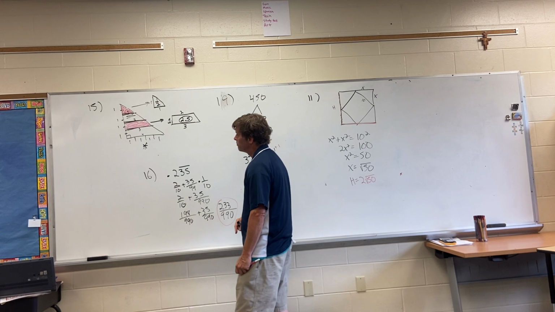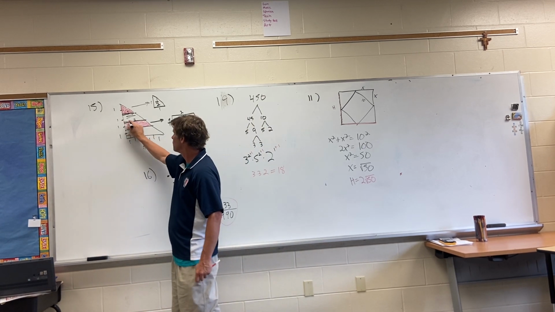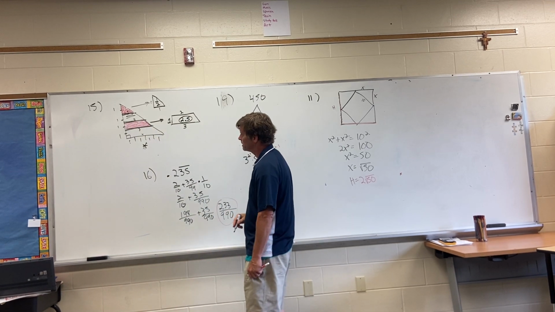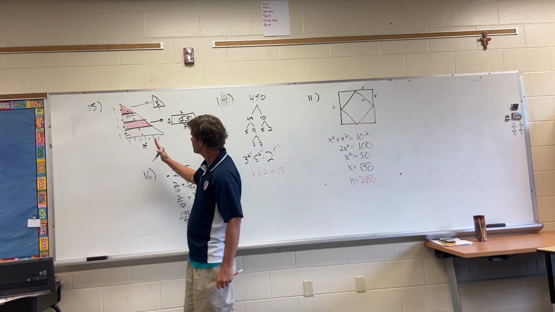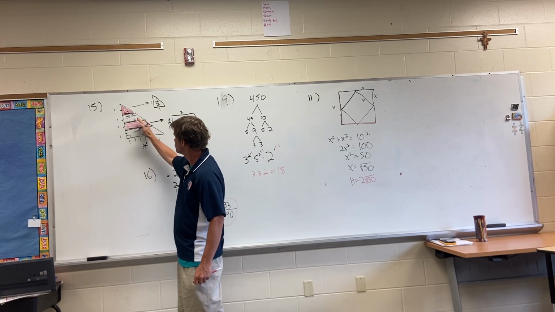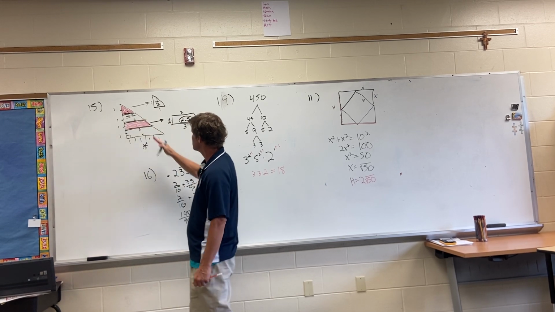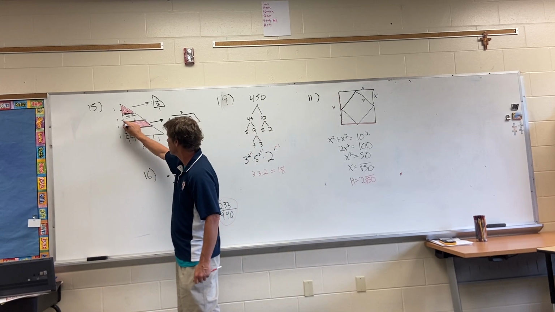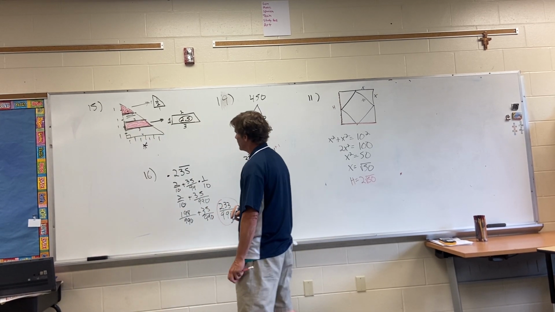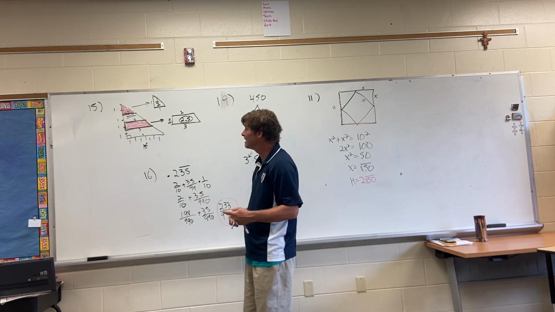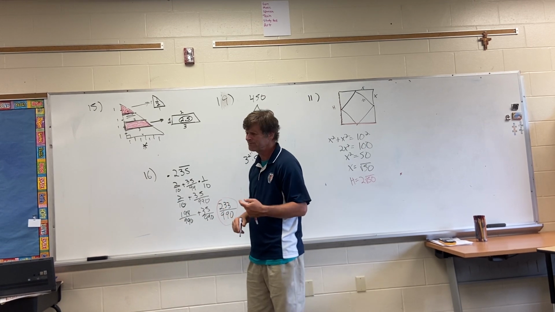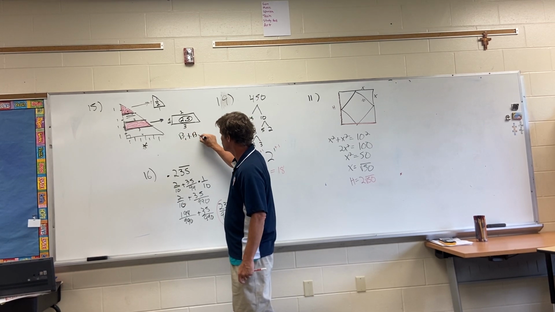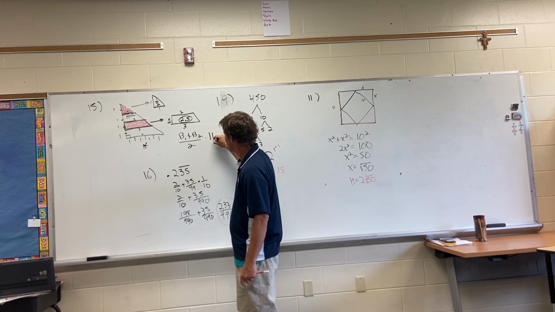If we have a trapezoid here, so I pulled out the trapezoid, and this distance would be 2, and this distance would be 3, and of course the height of the trapezoid would be 1. I don't know if you remember how to find the area of a trapezoid. There's a fancy formula, base 1 plus base 2 divided by 2 times the height.